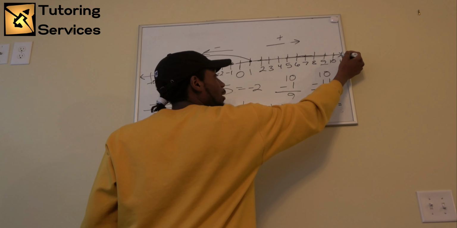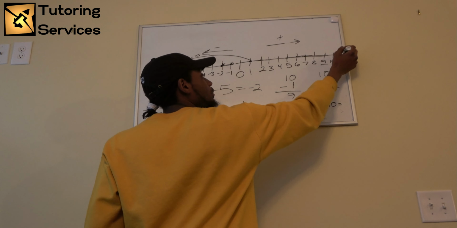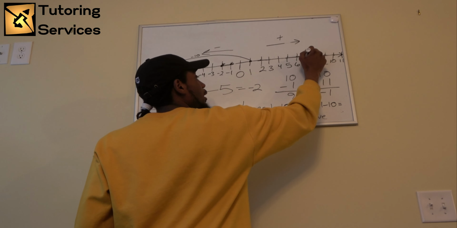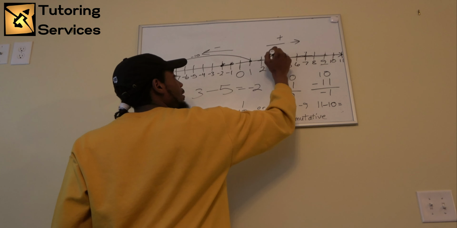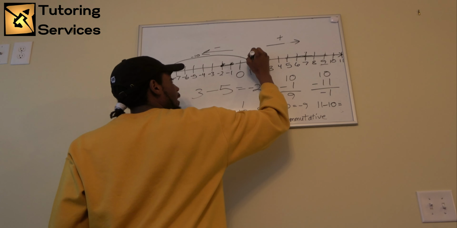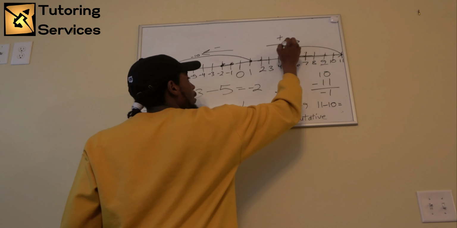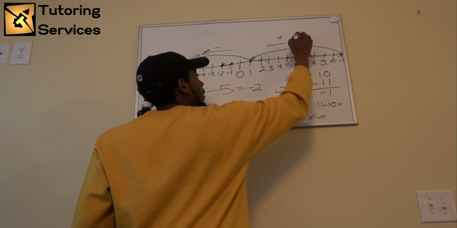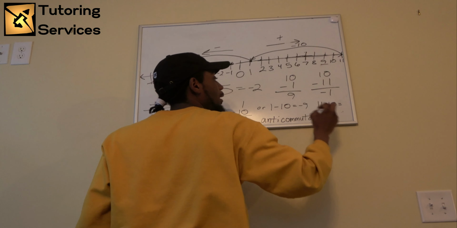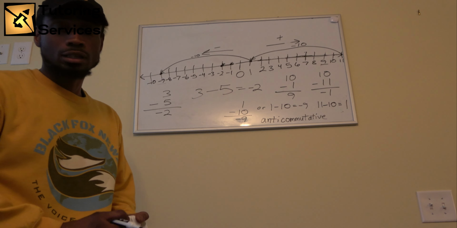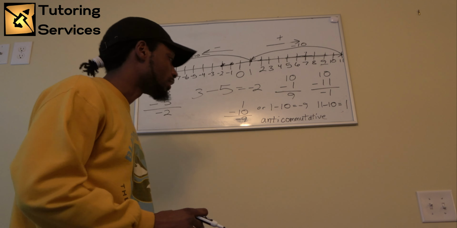So we start here and we count towards the left 10 times. 1, 2, 3, 4, 5, 6, 7, 8, 9, 10. Oh, okay. So 11 minus 10 equals 1, which is the inverse of -1. So the additive inverse, that is.